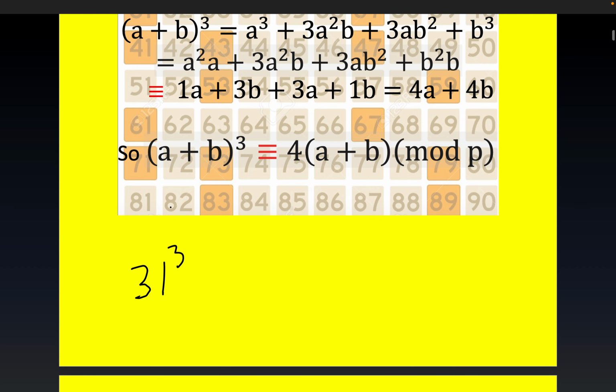So we were checking to see if 31 cubed is congruent to 4 times 31.